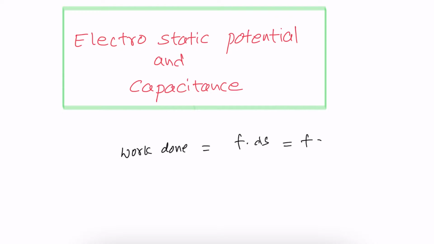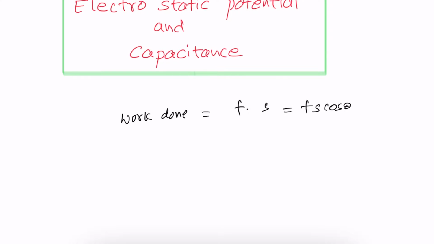So that is F dot s, that is F s cos theta. This formula is used only if F is constant. If force is variable, then we use the integration technique, that is integration of F dot ds.